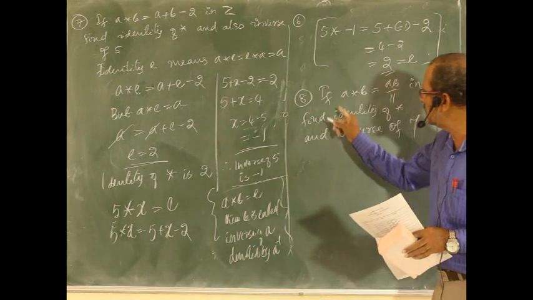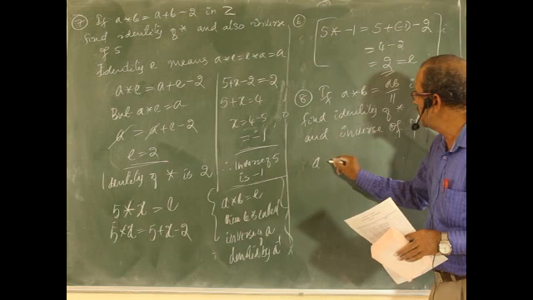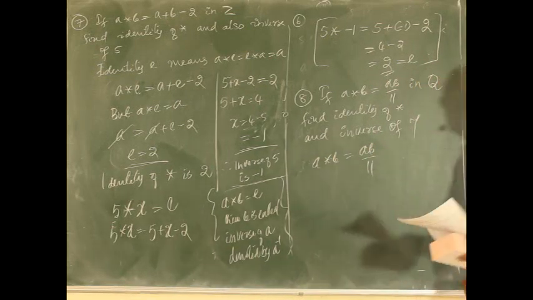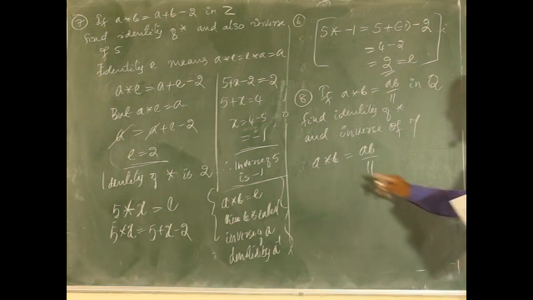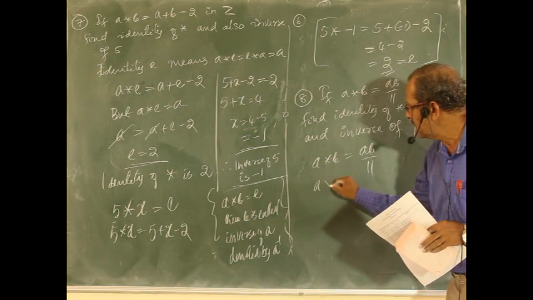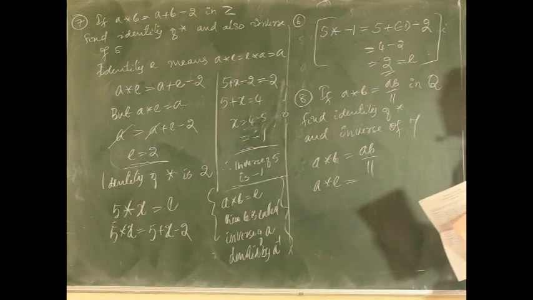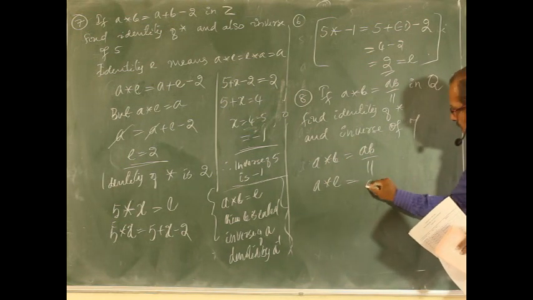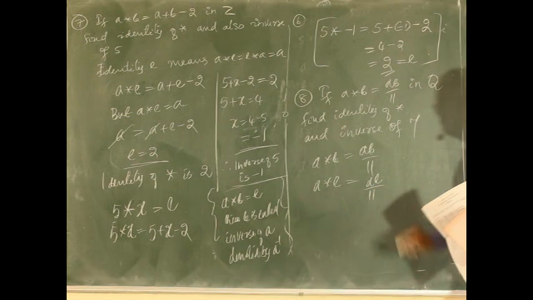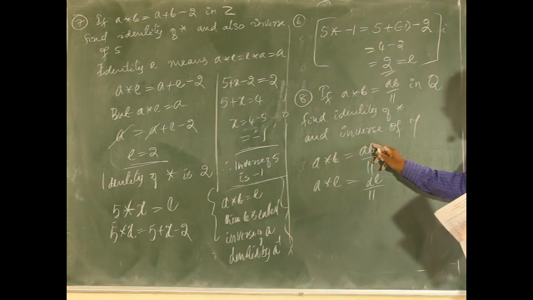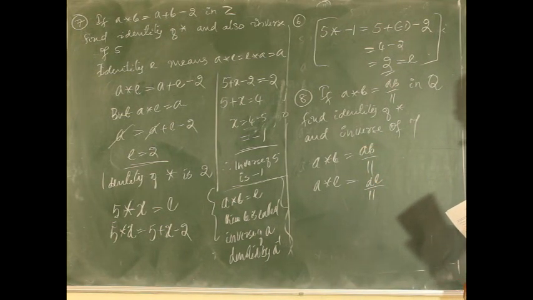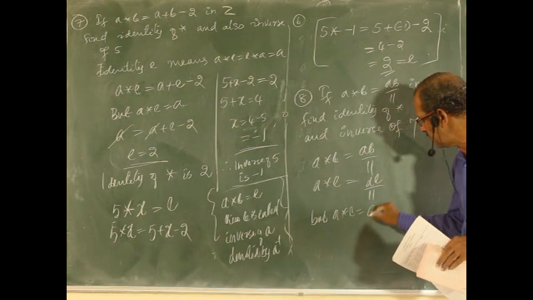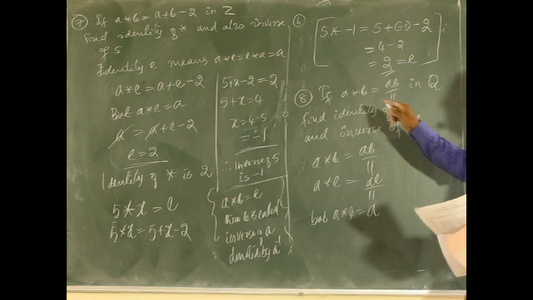First thing is how to find identity. A star B is given. Let me write the formula first: AB by 11. Now you have to find the identity. A star E equal to AE by 11. But A star E equal to A. It is a property of the identity.